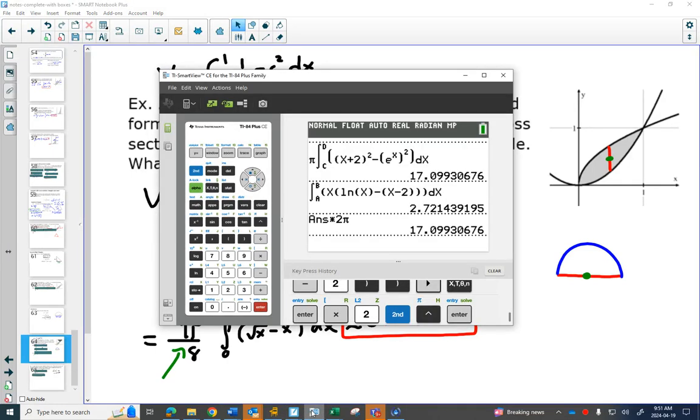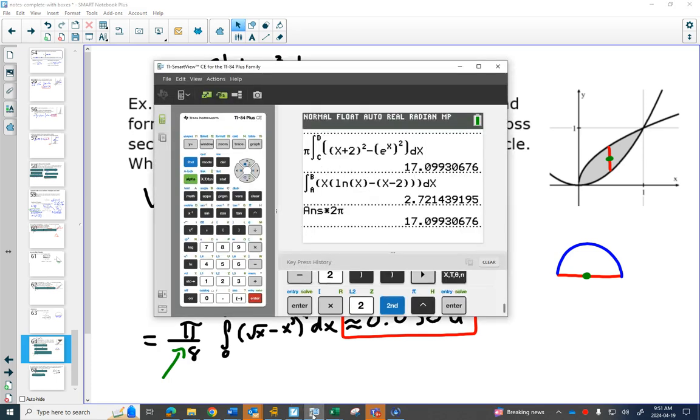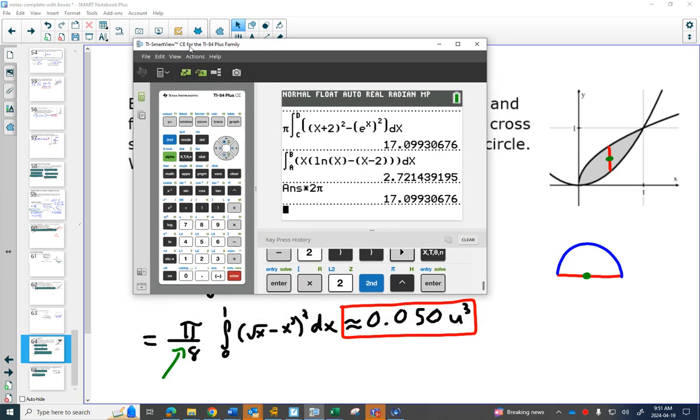I'm going to scroll up so you can still write that in. I'm going to go to math. Maybe. Yes, it's coming. Hit the math button. Go down to number 9. No. My calculator is not responding.